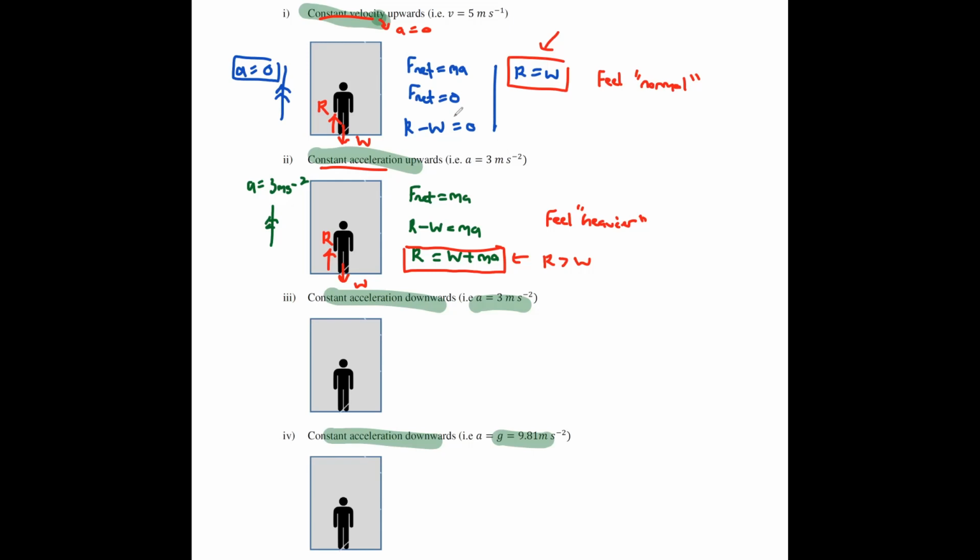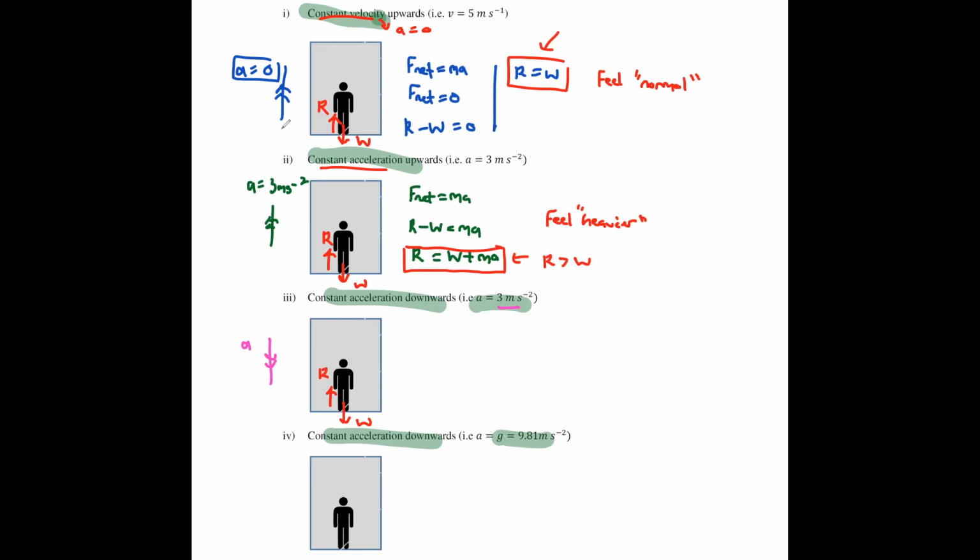You feel heavier. Now, what if on the other hand, your elevator is moving downward with an acceleration again equal to 3 meters per second squared? Same thing as before. Your weight acts downward, your normal reaction force acts upwards.